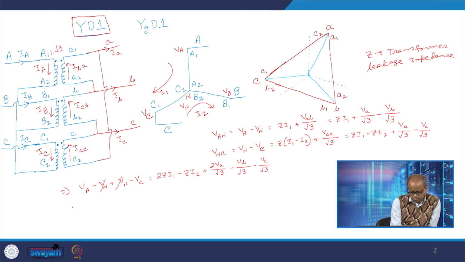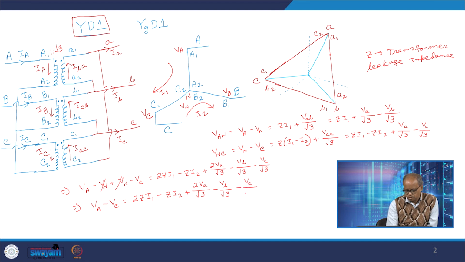So I can write this equation as VA minus Vc is equal to 2Z I1 minus Z I2 plus 2 VA by root 3 minus VB by root 3 minus Vc by root 3. Let's say this is equation 1.